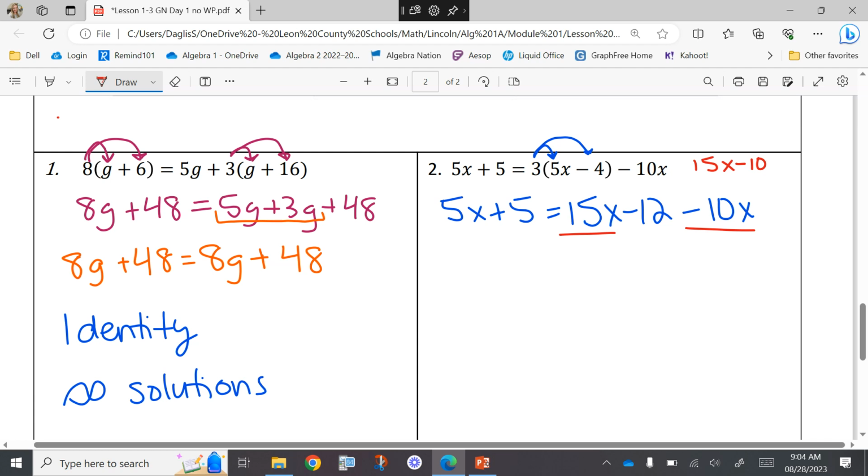Careful. 15 minus 10. That's going to give me 5. So I have 5x plus 5, and now I have 5x minus 12.